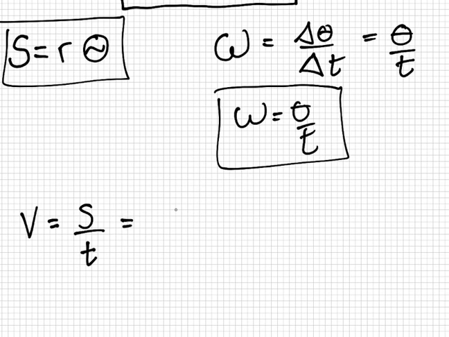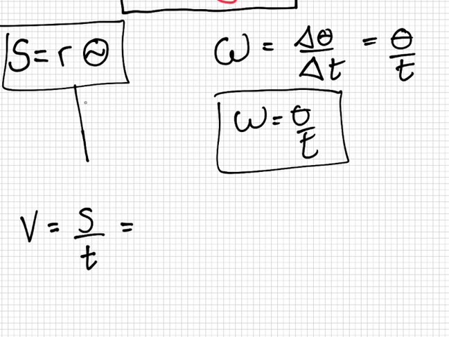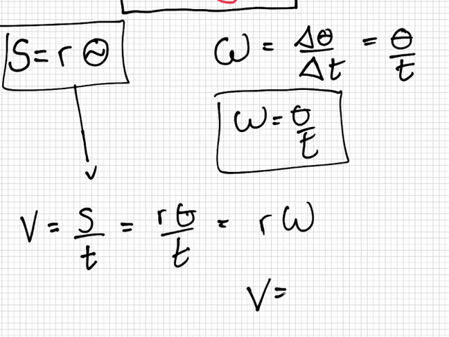What's the formula for S? R theta. So we have R theta over T. But what's theta over T? This is angular speed, isn't it? So now we have a new formula. The speed is equal to the radius multiplied by the angular speed.